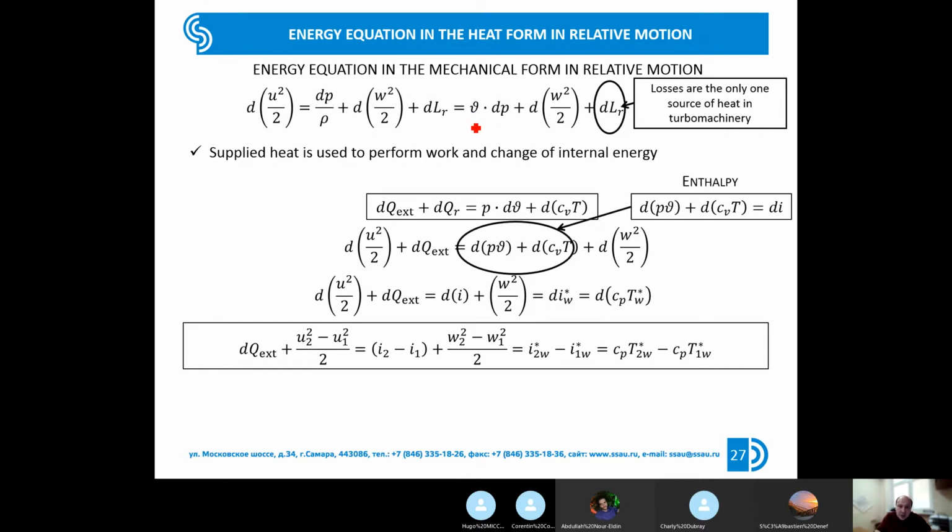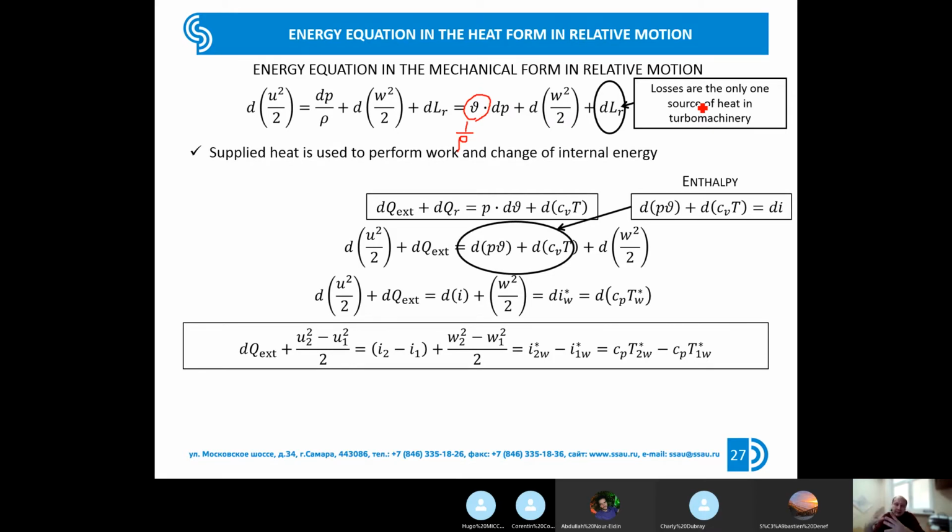We change density to specific volume, and we say that in the ideal case, the process in the turbomachinery is adiabatic.